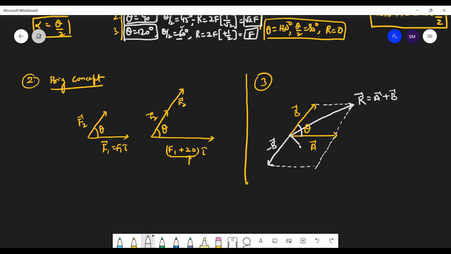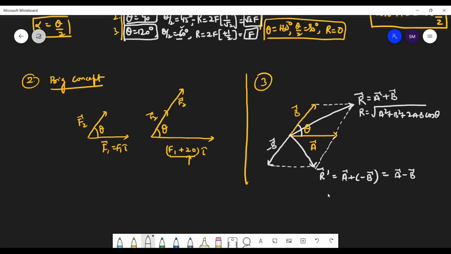So this will be the resultant vector R dash, or R prime, that is A plus minus B, which you can write as A minus B vector. If you find the magnitude of the resultant of A plus B, it will be the square root of A square plus B square plus 2AB cos theta.